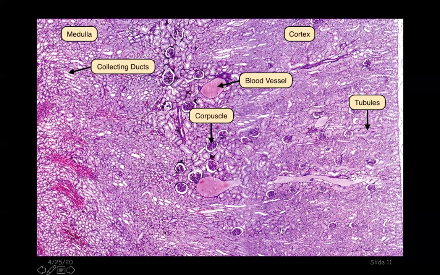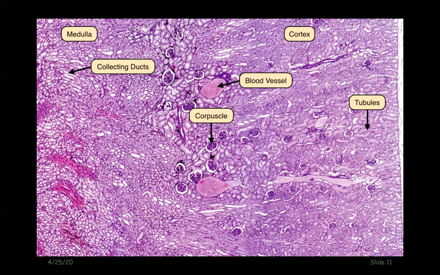These over here would be those juxtamedullary nephrons, and those up here would be cortical nephrons. So it depends on where the corpuscle is located. Is it close to the medulla, or is it very distinctly up in the cortex?